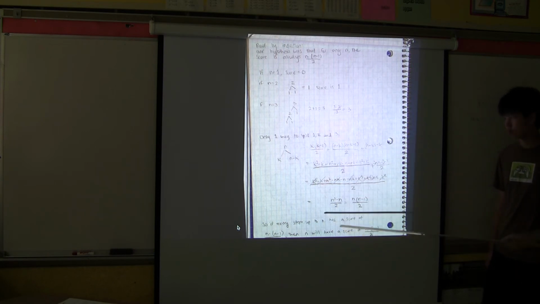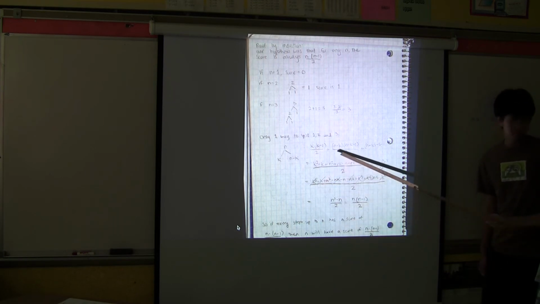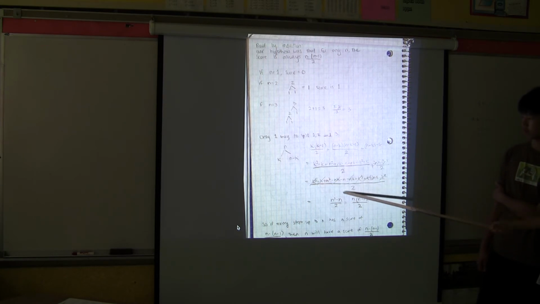By induction, we say that everything up to n follows our formula, and we are trying to prove that if everything up to n follows our formula, then n will follow our formula. Then you just bash that all out, and it comes out to n times n minus 1.